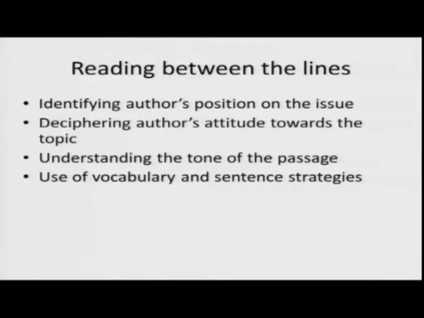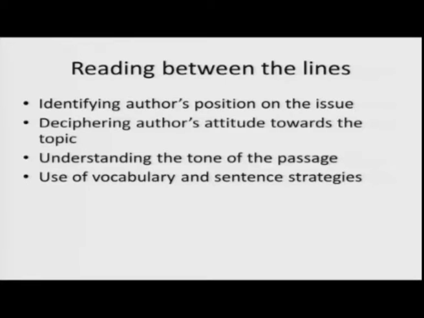Understanding the tone of the passage. So, this is in relation to the author's attitude towards the topic. Then use of vocabulary and sentence strategies. These are also very crucial. The words the author has chosen, the kind of structures the author has chosen to talk about something are very important, because note here that there is no exact replica of putting thoughts into words.